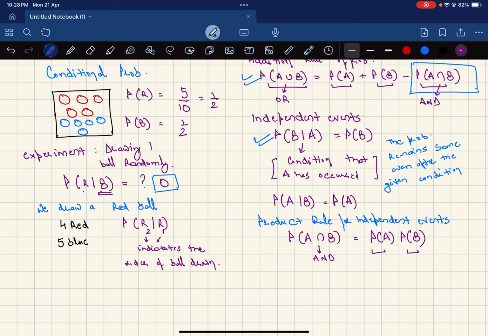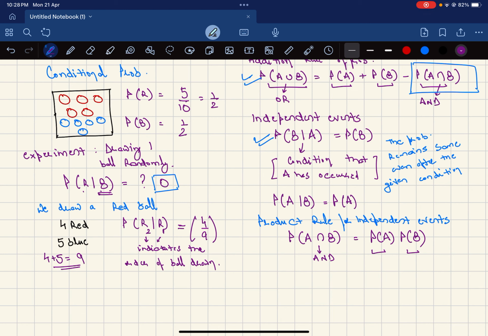red. Now since we are given here the first ball drawn was red, and after that we know that there are 4 red balls and 5 blue balls left. Therefore the probability of getting a red ball again would be equal to 4/9, because we are now left with only 9 balls. 4 plus 5, 9 total balls, out of which 4 are red balls.